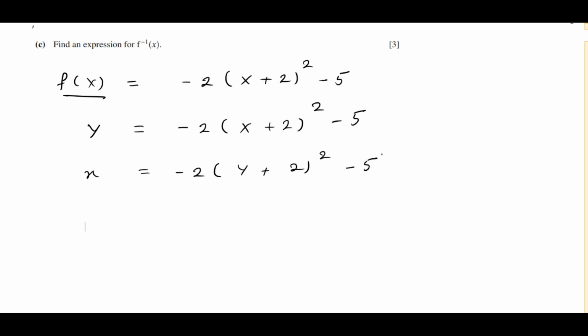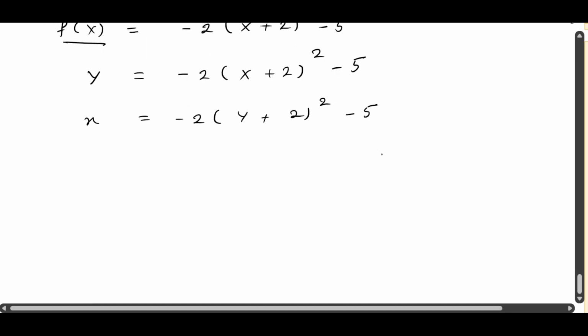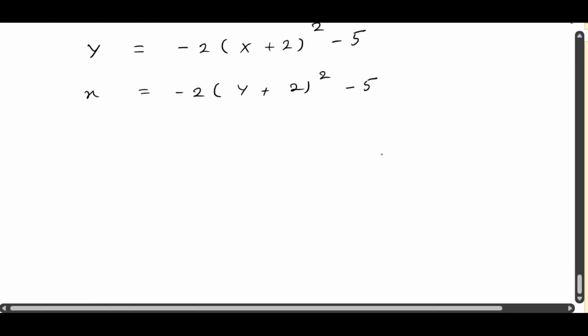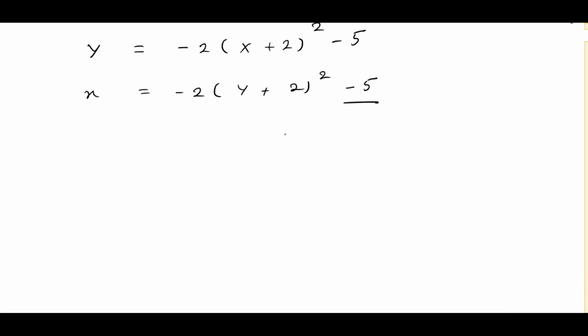Then I have to make y the subject. When I am interchanging like this and then make y the subject, I will get the inverse function. So x plus 5, very good, x plus 5, and then the whole divided by minus 2 is equal to y plus 2 the whole square.